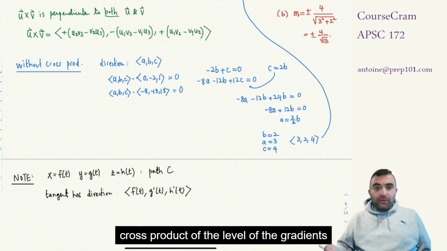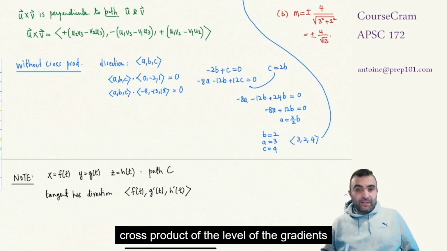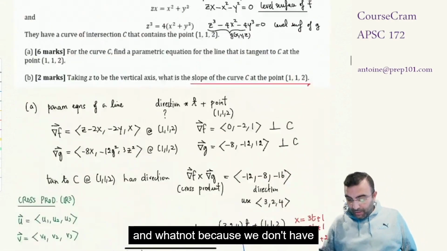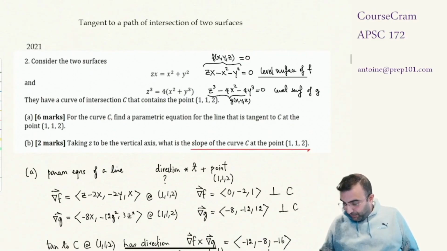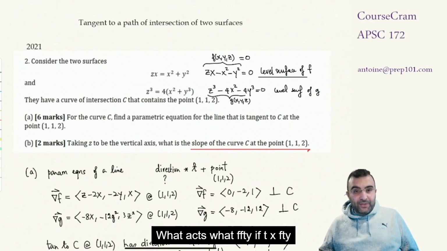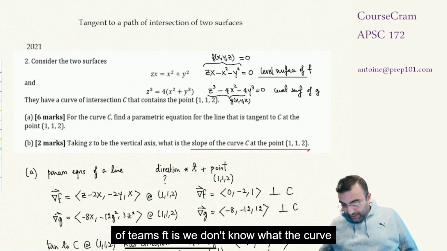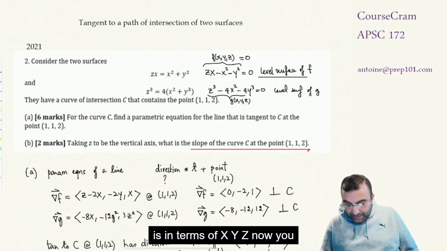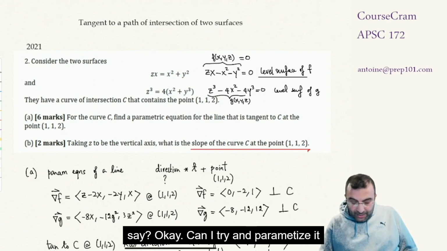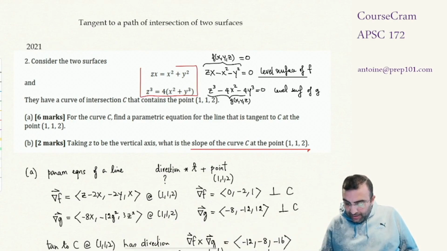Why did we go through the cross product of the gradients and whatnot? Because we don't have what x of t, y of t, and z of t are. We don't know what the curve is in terms of x, y, z. Now, you say, okay, can I try and parametrize it here?